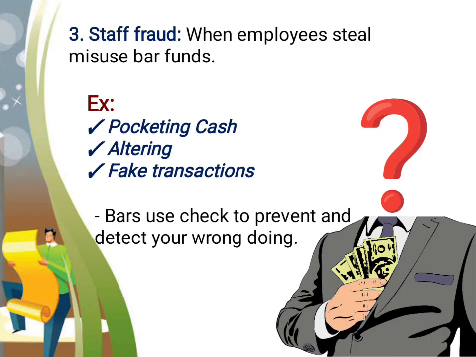The third one is staff fraud. This is when employees steal or misuse bar funds, for example, pocketing cash or altering and faking transactions, so the bar uses checks to prevent and detect wrongdoing.